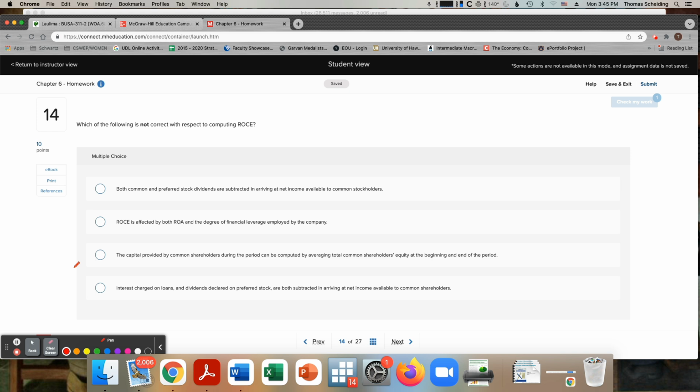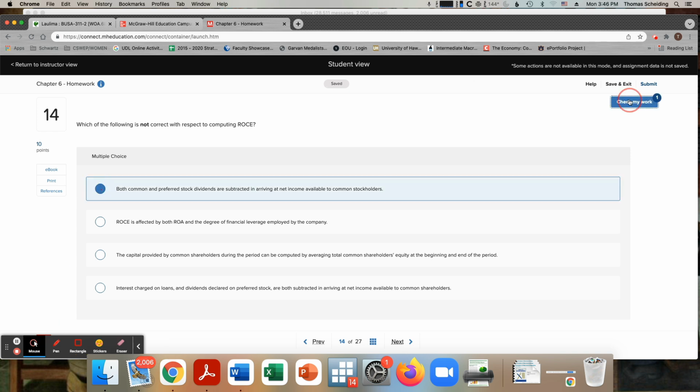When we're looking at RCOE, we have to look at the net income and subtract out the dividends we paid to the shareholders, so that we get the rest of the income that would be available. So the common and preferred stock dividends need to be subtracted out, and then what's left is the return on capital employed because you've paid those dividends out. So unfortunately, I have to give away the answer to talk about it.